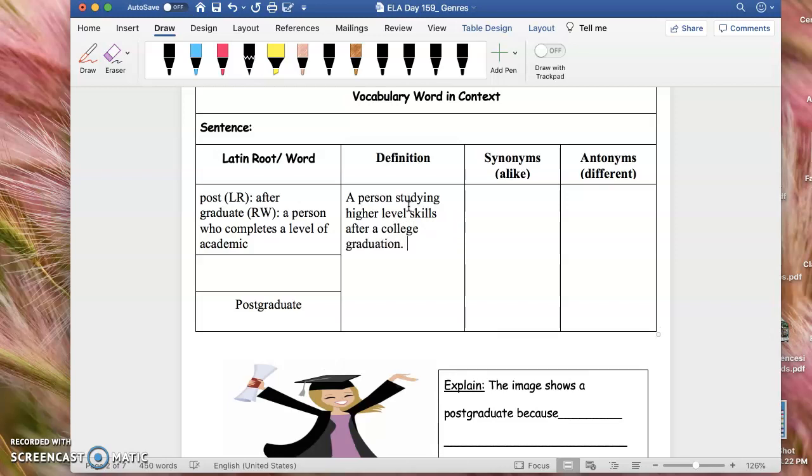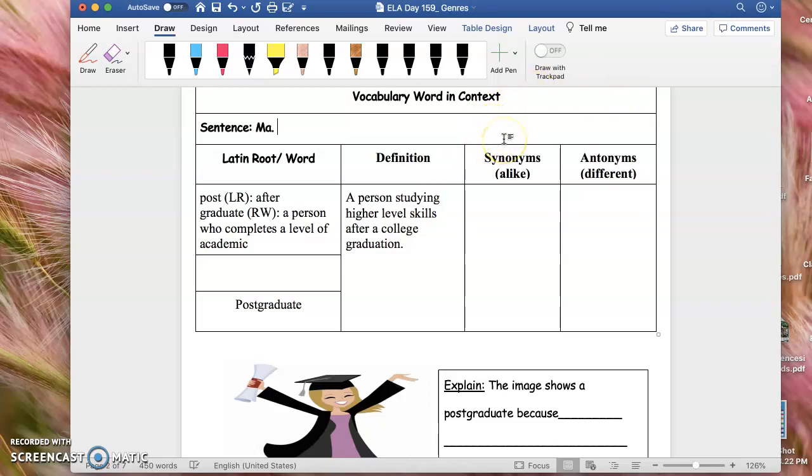So when you're a postgraduate, they're referring to you after you graduate college, whether that is getting your master's, whether that is going to medical school, going to law school. This is considered to be a postgraduate, okay?